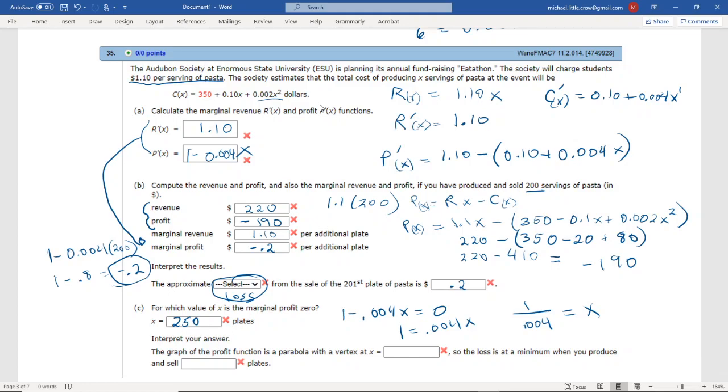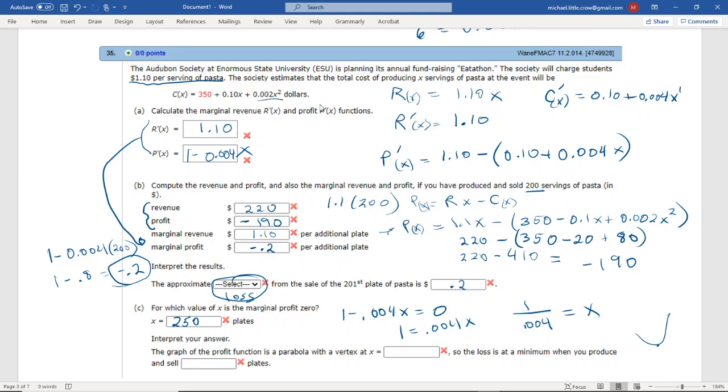If you serve 250, we have 0 marginal profit. The graph of the profit function is a parabola, because we looked at the profit itself, which we came up with here. This would be a parabola, and it's got a positive on the x squared, so we know that it opens upwards.